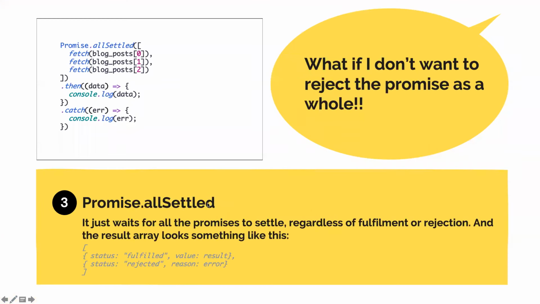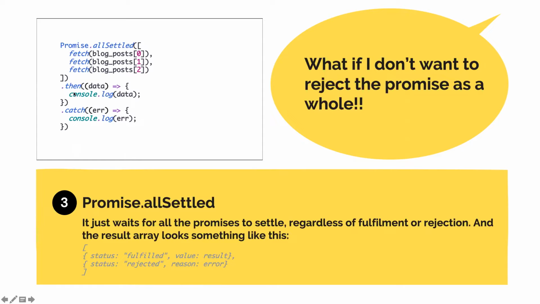Then suppose we don't want the promise to reject if any one of them rejects. Basically, we just want to wait for all the promises to settle, regardless of fulfillment or rejection. So then we use Promise.allSettled and we pass in as many promise objects as we need.